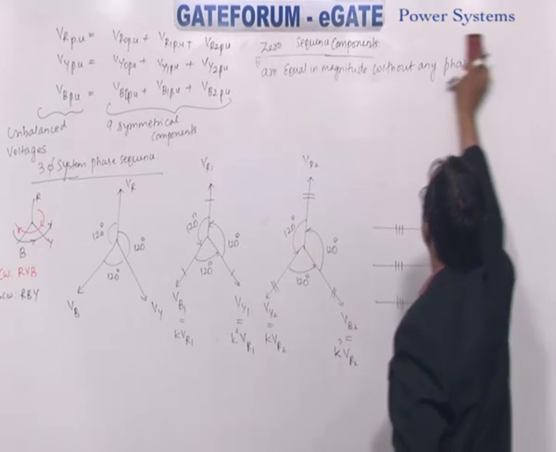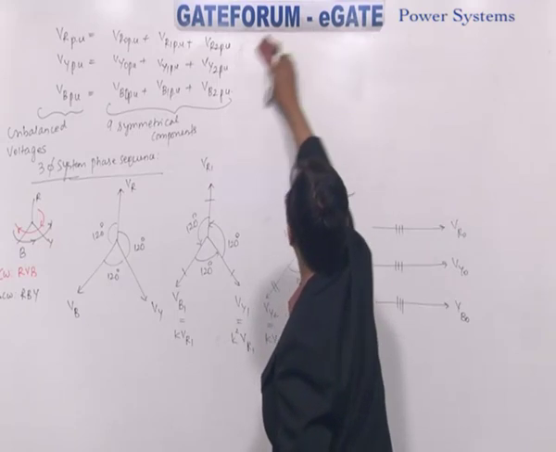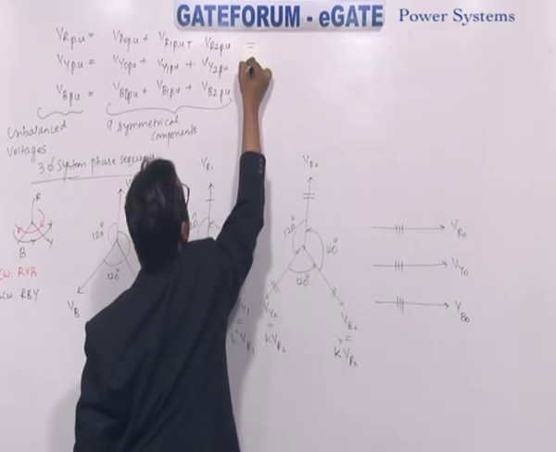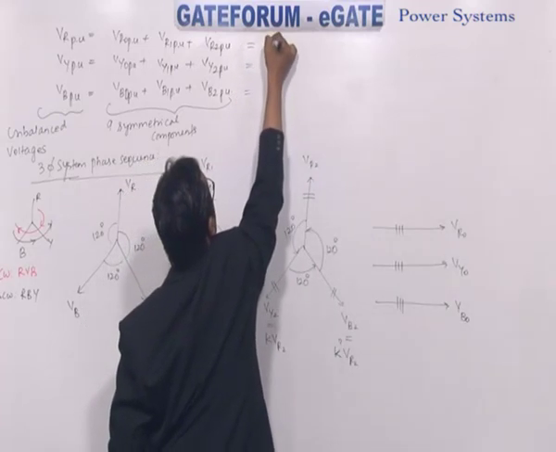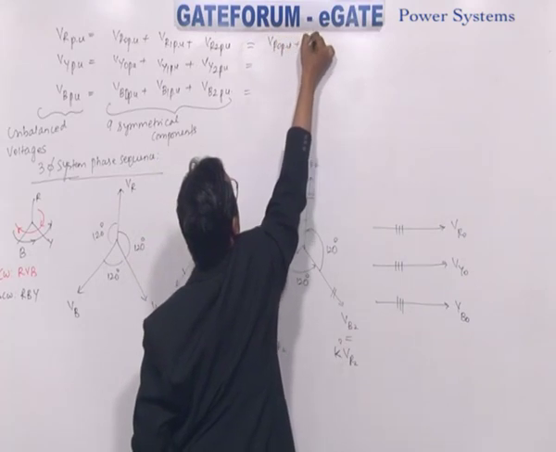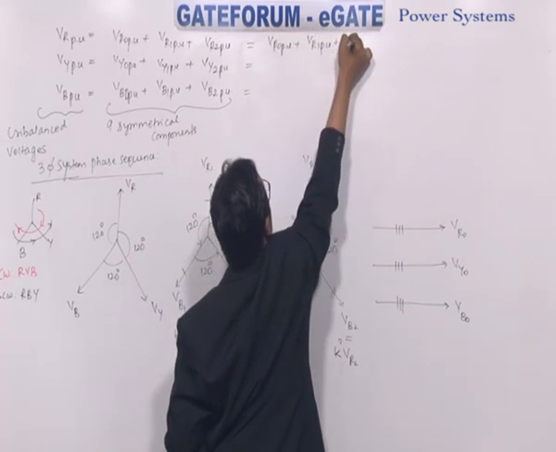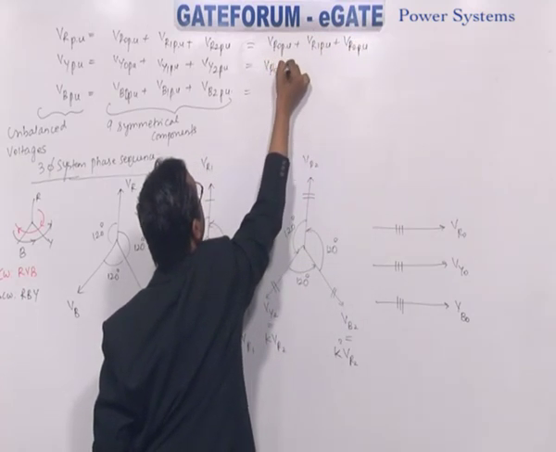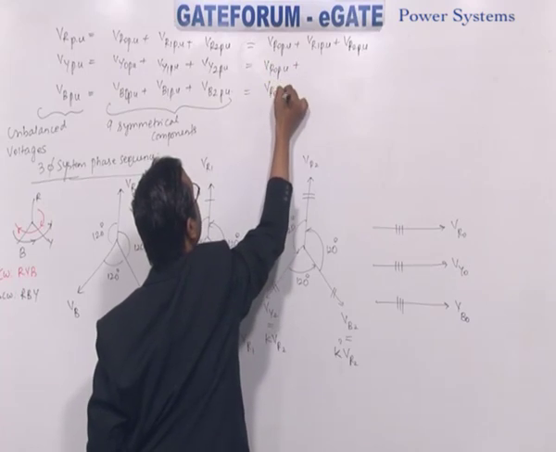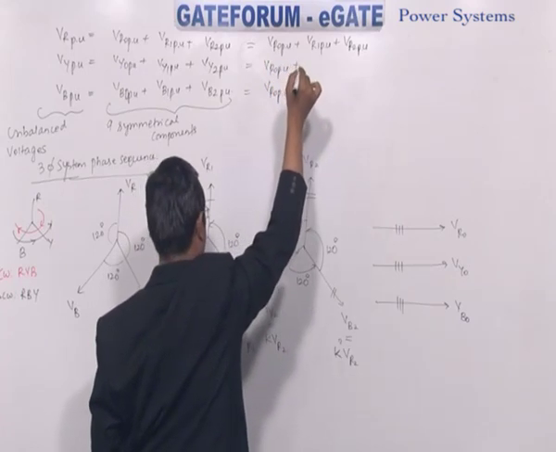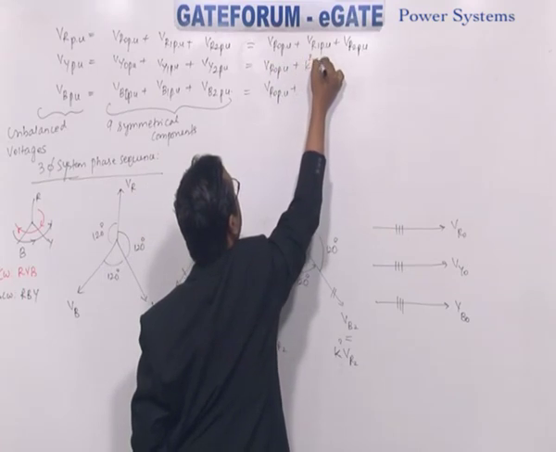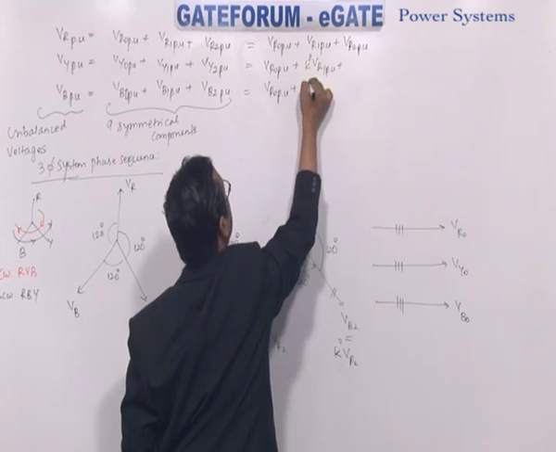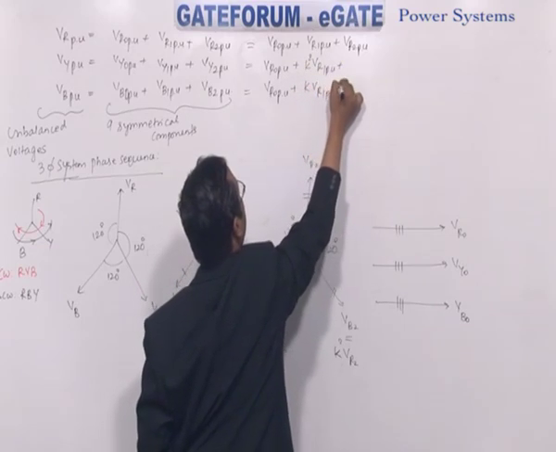So now you replace this sequence components into zero, positive, negative only in terms of R phase. So what about this one? VR0, R1, R2. And similarly all these zero sequence components same as R0. What about Y1? K square VR1. B1, K VR1.